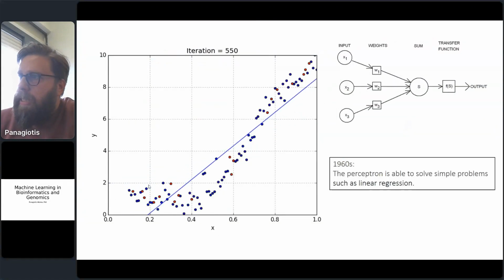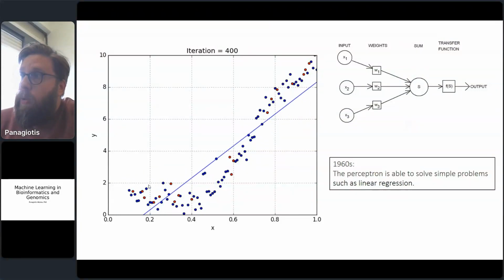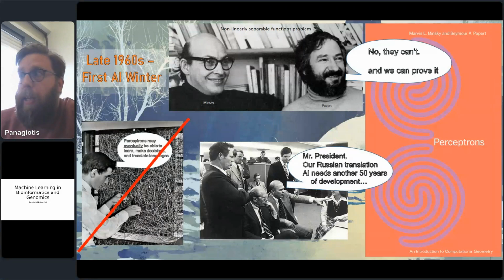And in the 60s, it's shown that using this type of neural network, simple problems such as linear regression can be solved.